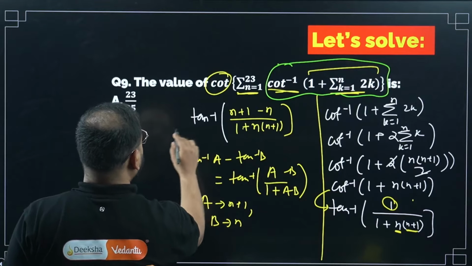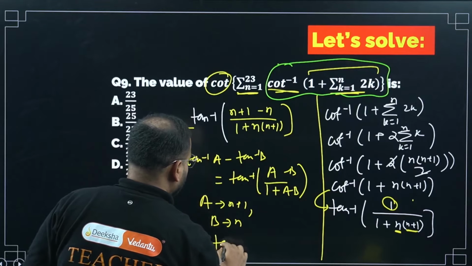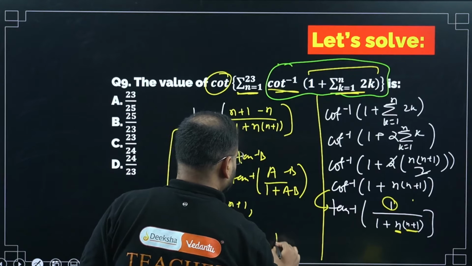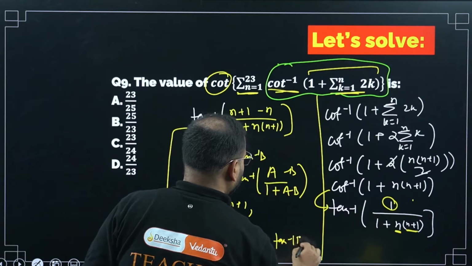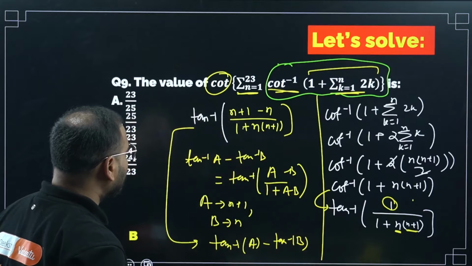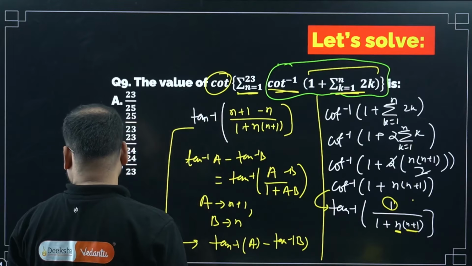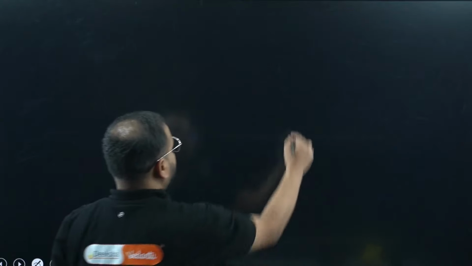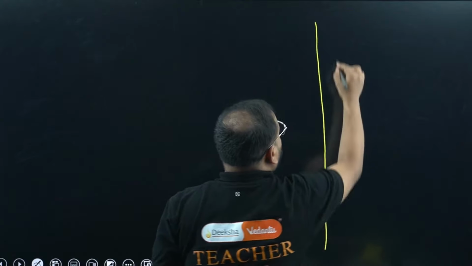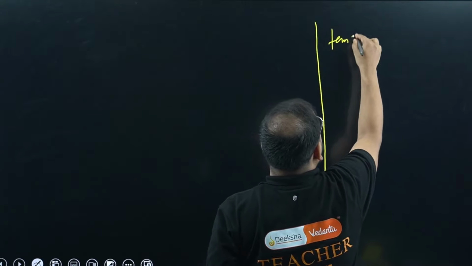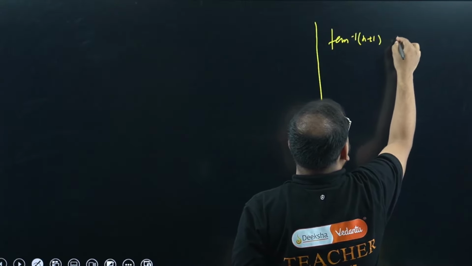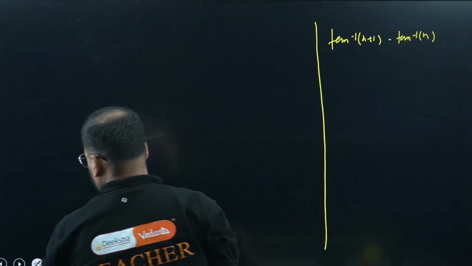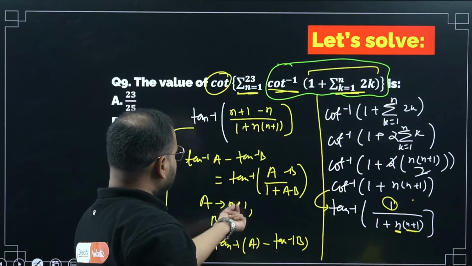So I can rewrite this expression as tan inverse of n plus 1 minus tan inverse of n. Am I right? Correct.